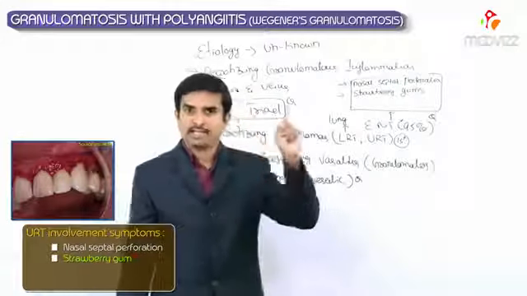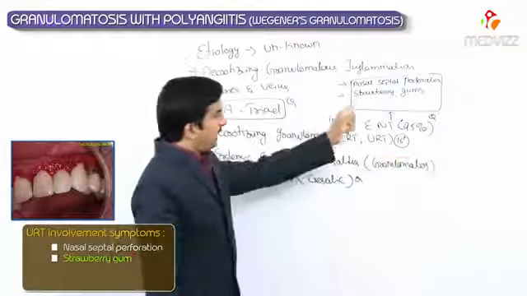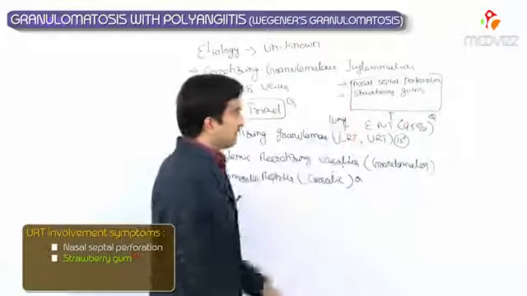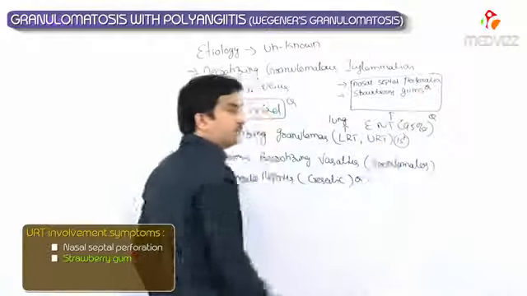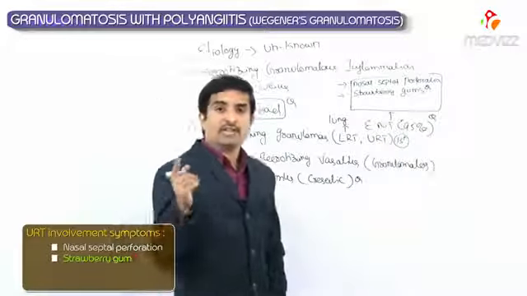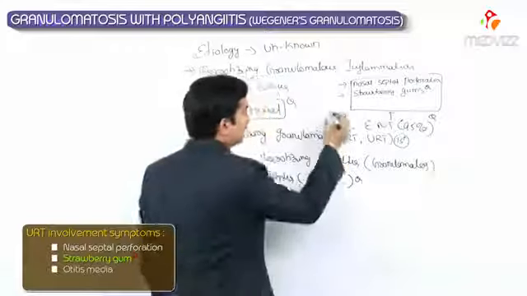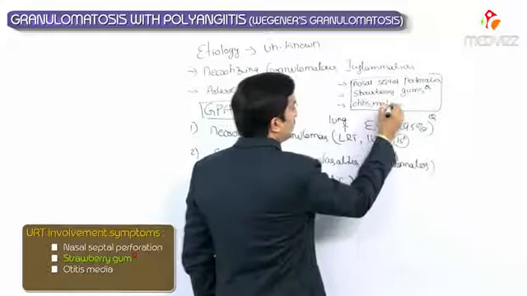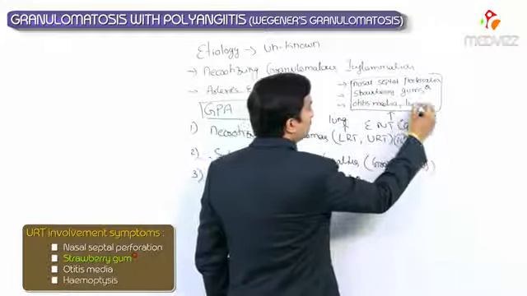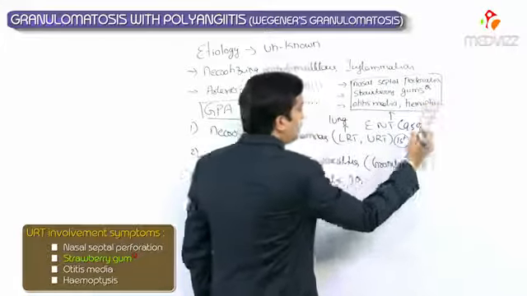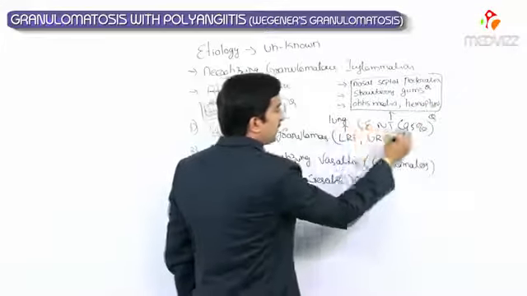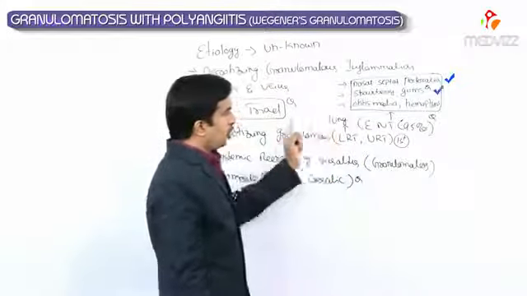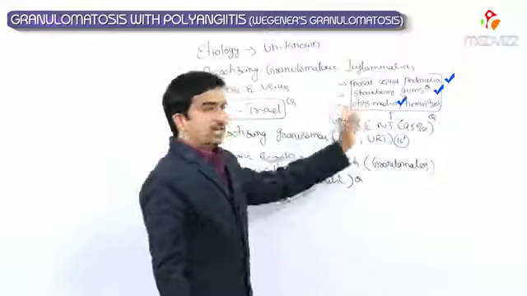Strawberry tongue is specific to Kawasaki disease, but strawberry gums is specific to Wegener's granulomatosis, an important MCQ. Next, because of ear involvement, otitis media may be seen, as well as hemoptysis. So the ENT manifestations are nasal septal perforation, strawberry gums, otitis media, hemoptysis.